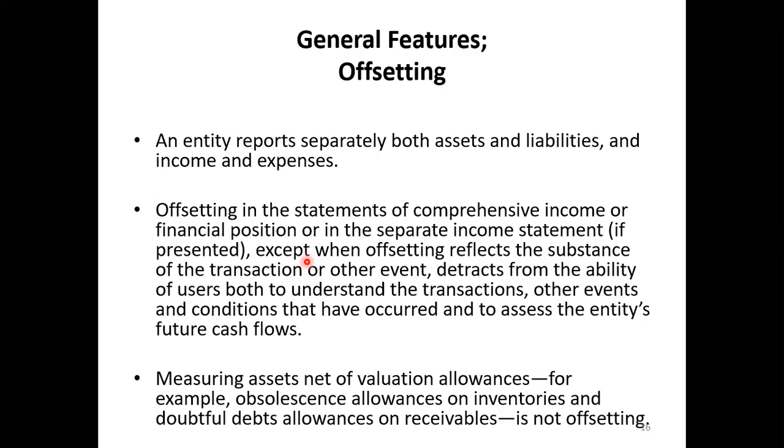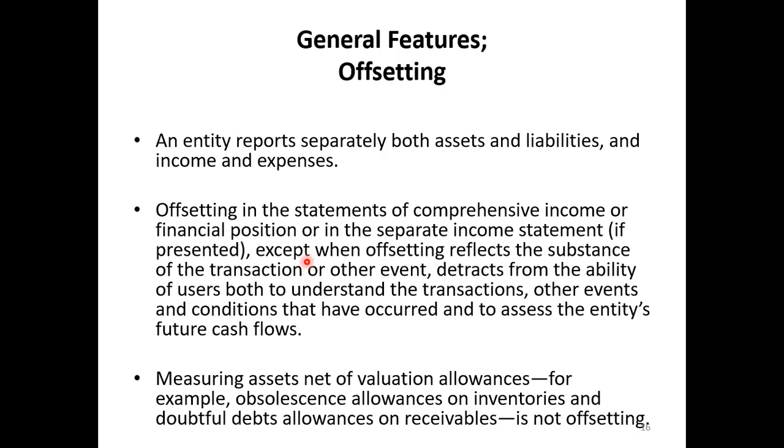When the entity decides to set off the balances, that offsetting should not mislead users to take different decisions. It should not harm the understanding of the financial information by the users. So if such a situation is okay, they can net it.